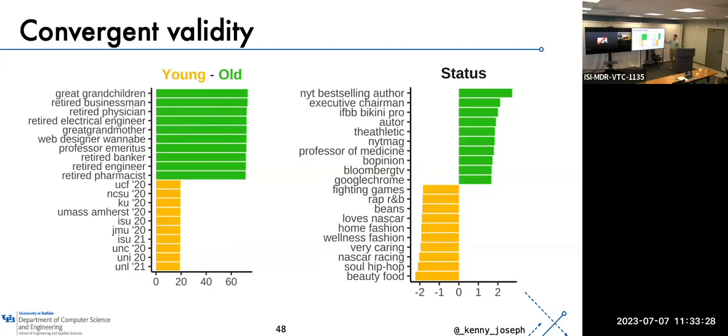We looked at status, I think it was the ratio of followers to followees, so high status versus lower status on Twitter. I think this is interesting because these point at people who tend to do way more following than being followed. These are more like popular culture things, so it also tells us a little bit about Twitter and how it works.